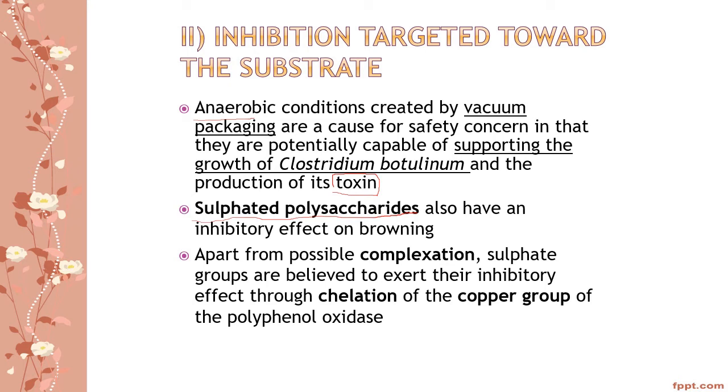Because of sulfate, you know what you have learned in inorganic chemistry, S has a lone pair, so it can react with the polyphenol oxidase because of the copper group. It can form a complexation with the copper group, where this sulfur can donate electrons to the copper ion.